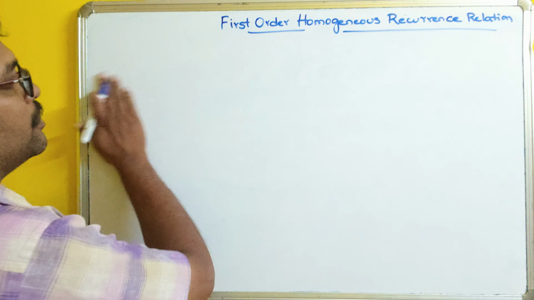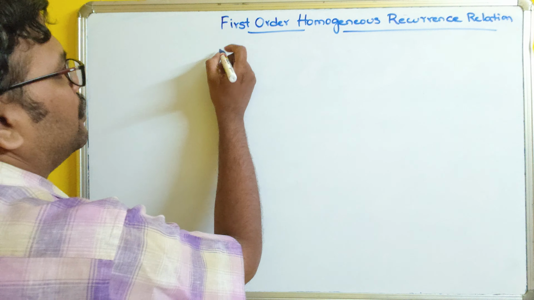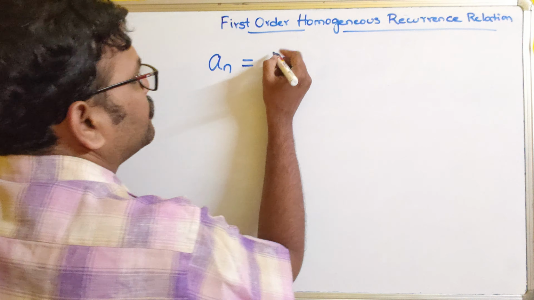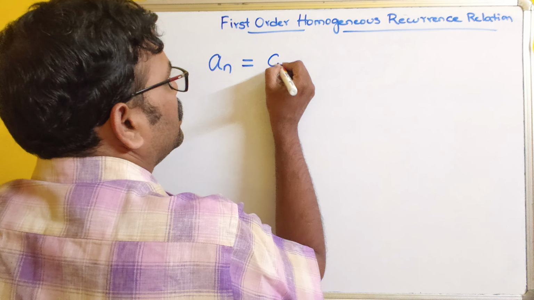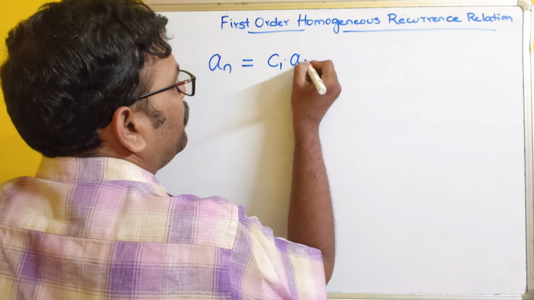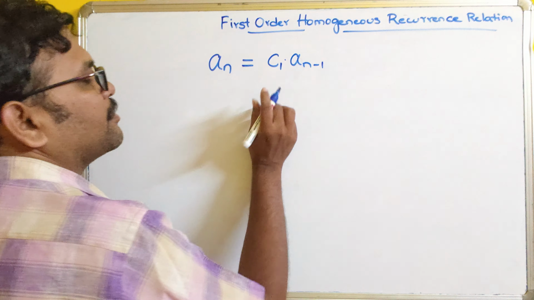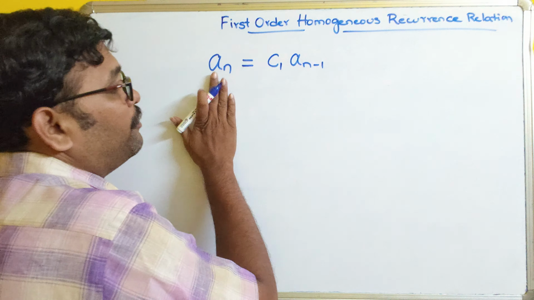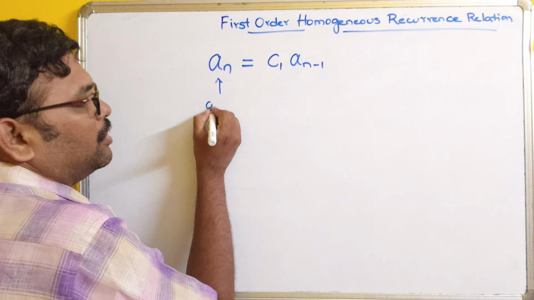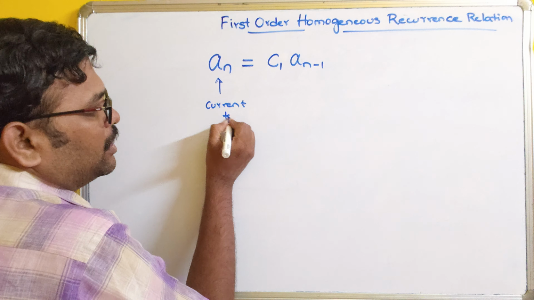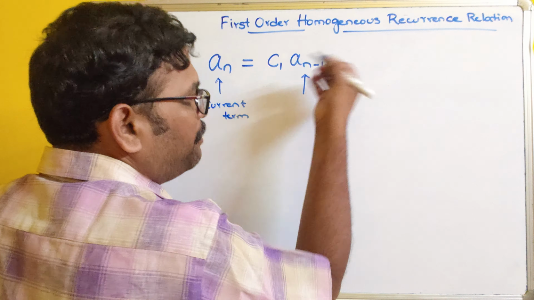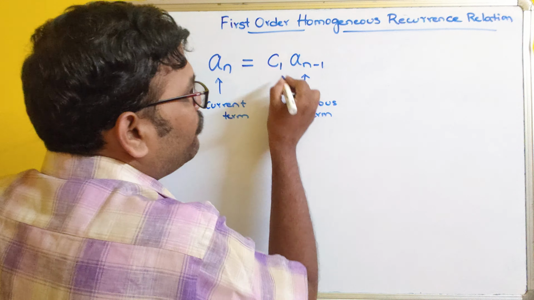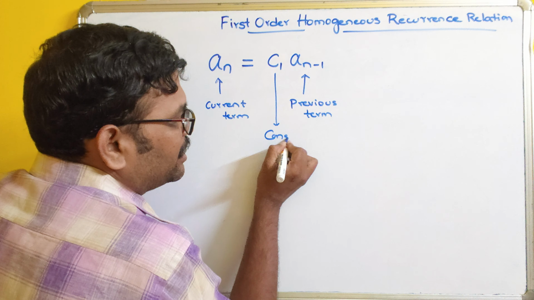So coming to this first order, it will be in this way: an is equal to c1 into a power n minus 1. Here the current term will be depending exactly on the previous term, and where c is a constant.